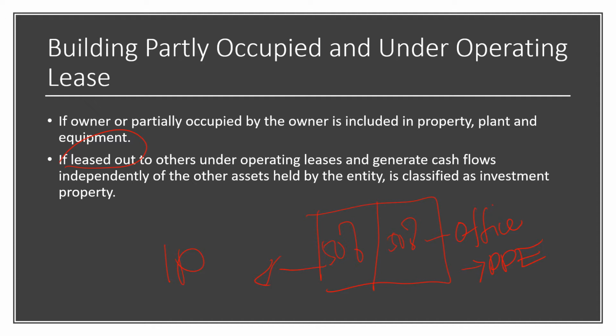So imagine you are selling inventory, for example, food items, but you have a rental income. The property subject to rent should be classified as investment property because that's not your main business.